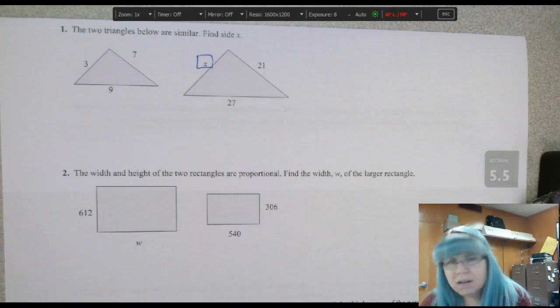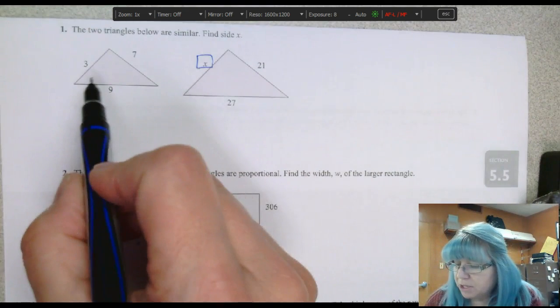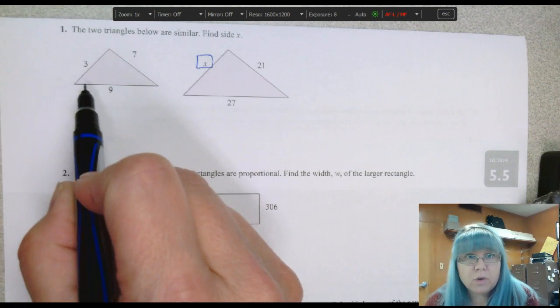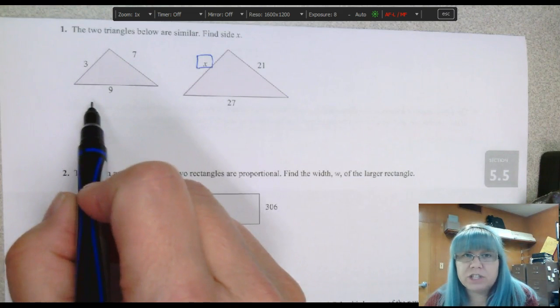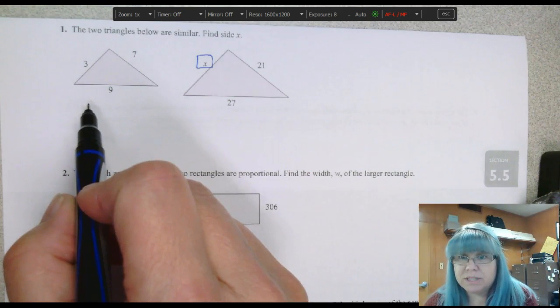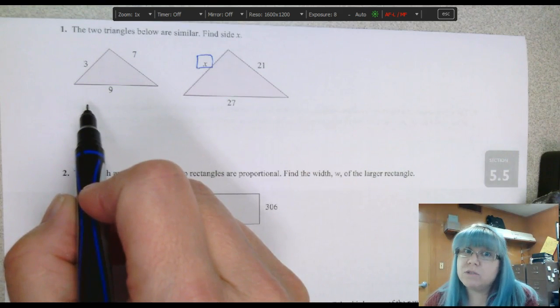Alright, so if these are similar triangles, we can set it up as ratios. Each side is a ratio of the other side. So the corresponding sides, and it doesn't matter which triangle's information you set as your numerator and which triangle's information you set as the denominator, but once you do that, just remain consistent.